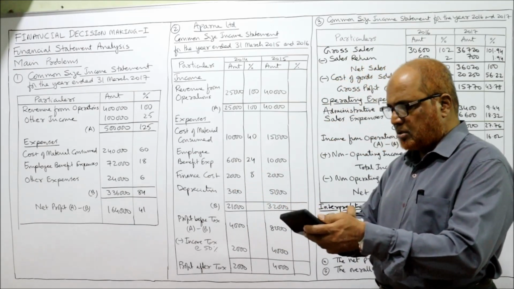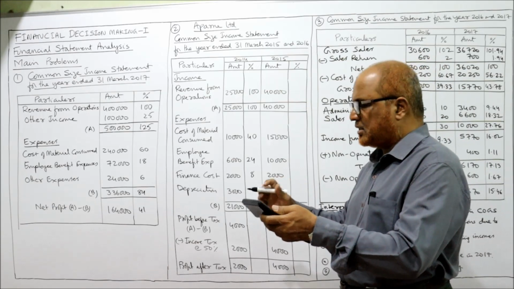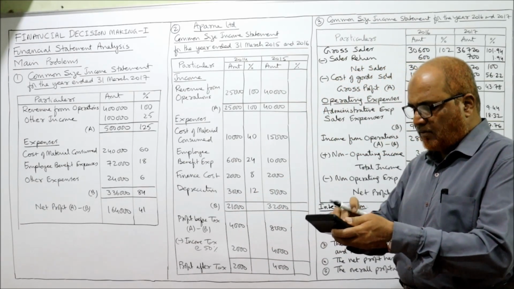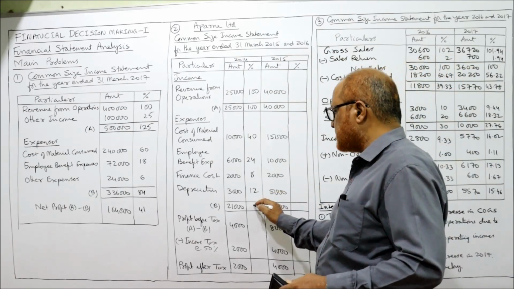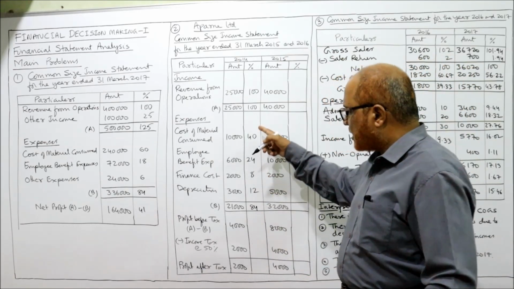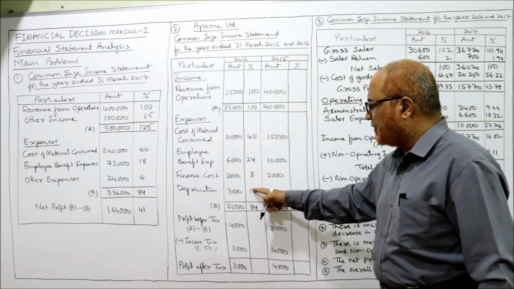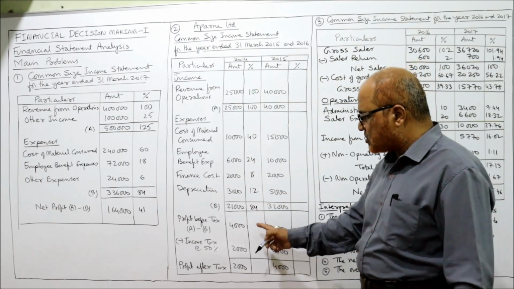Then 3,000 divided by 25,000 into 100, you will get 12%. Last one, 21,000 divided by 25,000 into 100, you will get 84%. Now you check after adding this, you must get 84%. So 40, 50, 60, 70, 80, 84%. That is right. Our calculations are right.